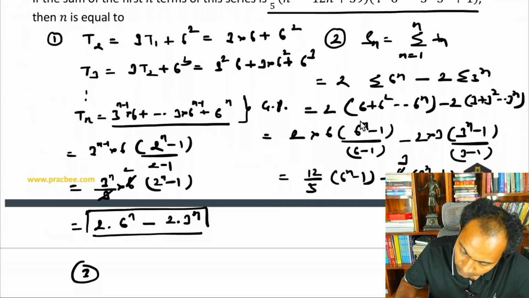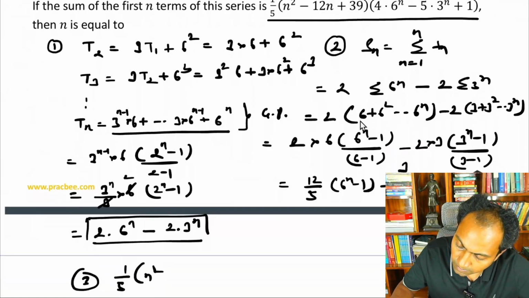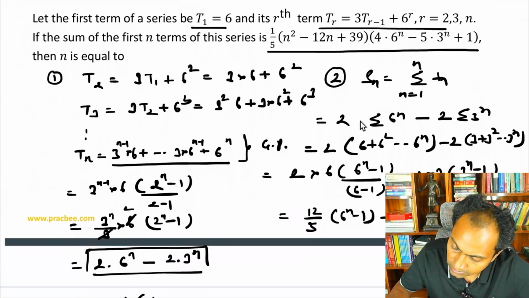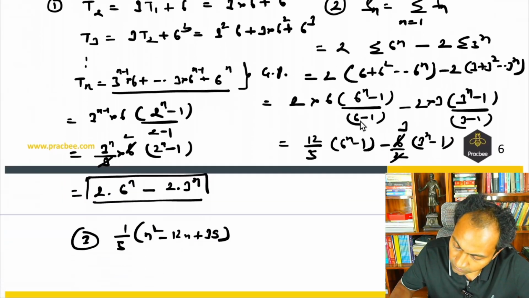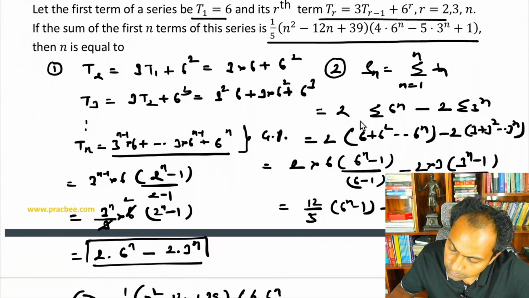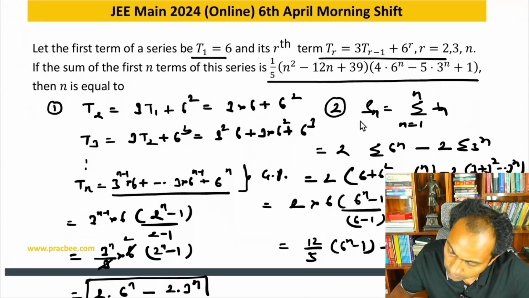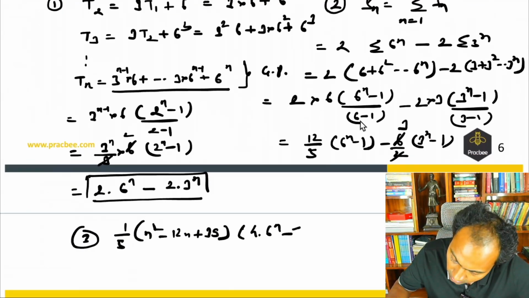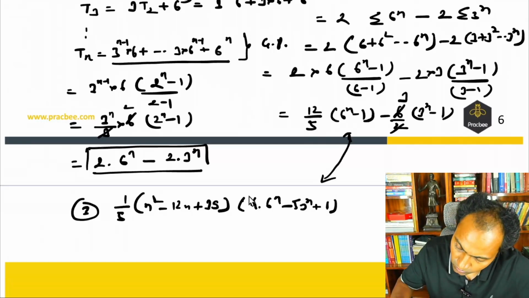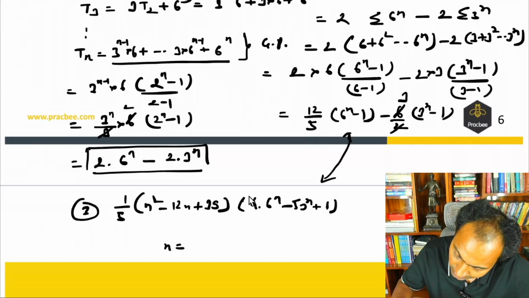So now we can compare this 1 by 5 n square minus 12n plus 39 and then 4 into 6 raised to the power n minus 5 into 3 raised to the power n plus 1. Now once you compare both of these terms, you will be able to get the value of n. N comes out to be nothing but 6.